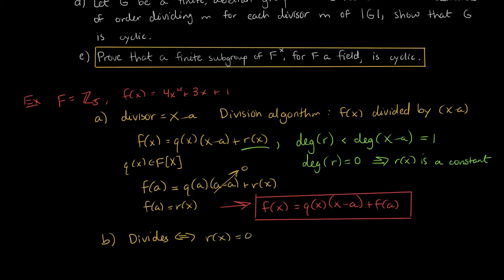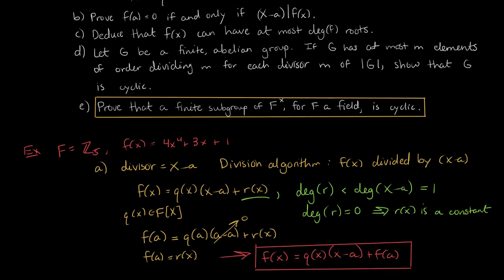And the question asks us to show that f of a equals 0 if and only if this x minus a term divides this. And remember how we were talking about x minus a being related to roots. Well, f of a equals 0 is the definition of a being a root.